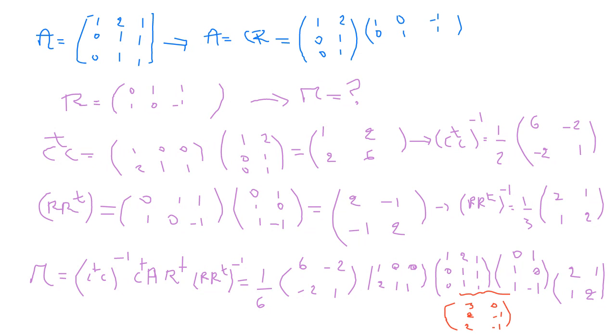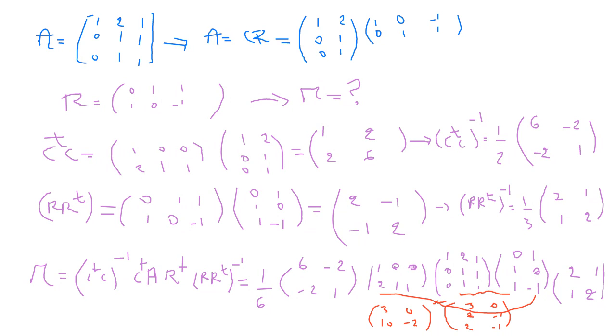We have 3. I have 3. There you get 0. There you get 6 plus 4, which is 10. And finally you get minus 2. So this matrix is the result of this whole part, okay?